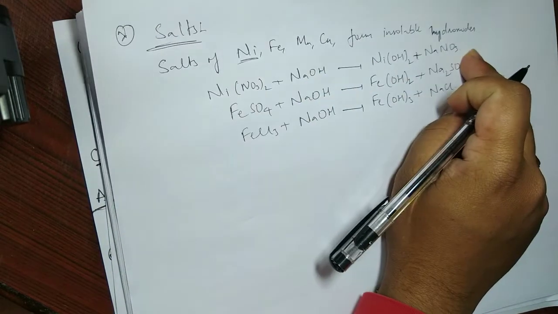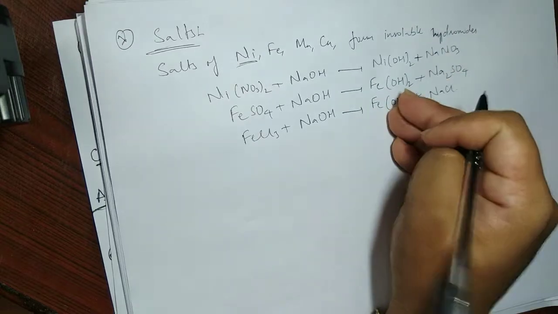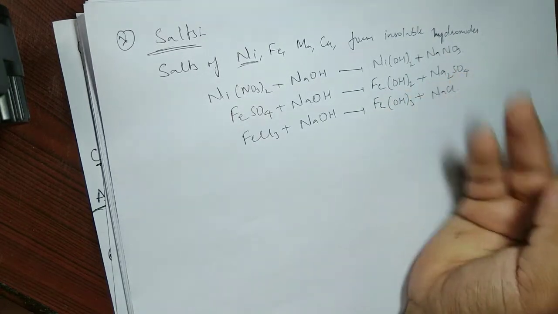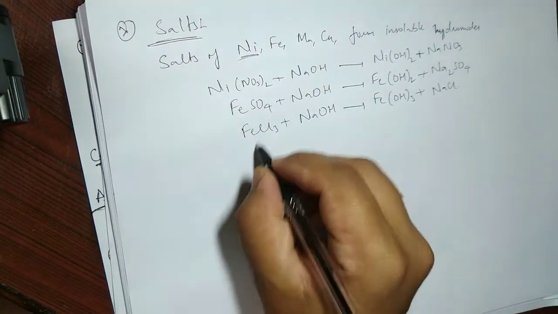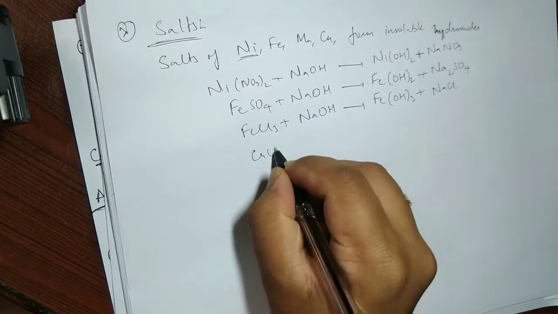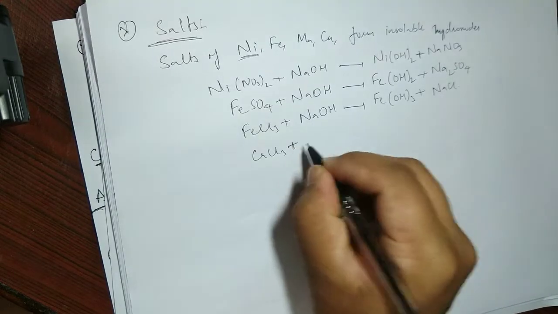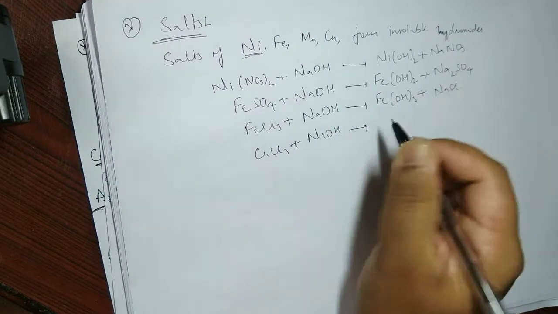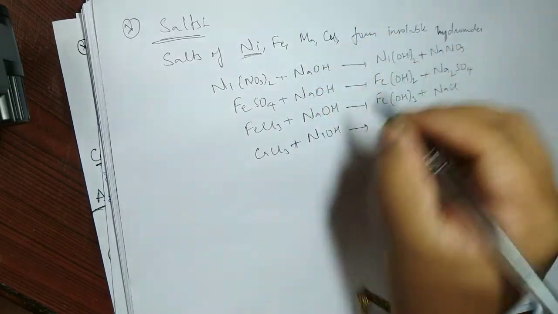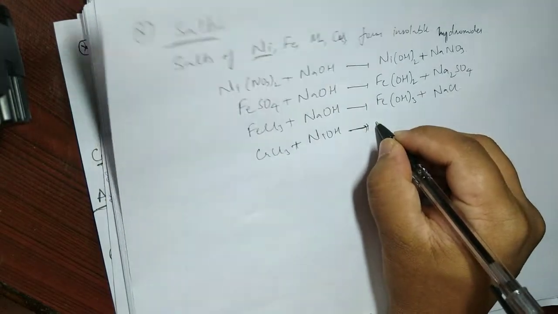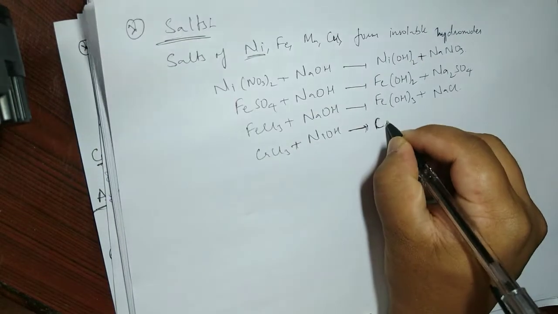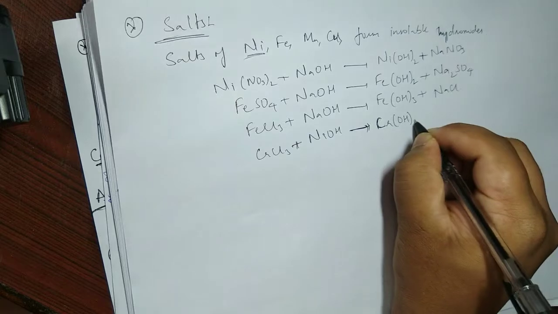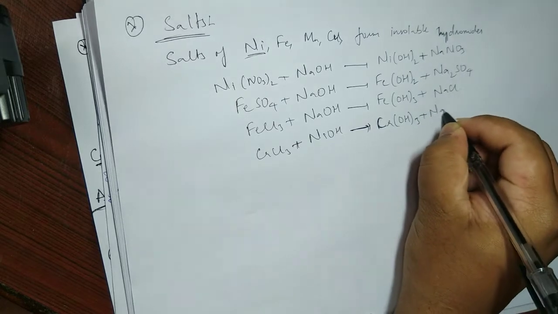First separate out the salt that is formed, then it is very much clear what the leftover can form. And CrCl3, chromium chloride, when treated with NaOH, forms chromium hydroxide plus NaCl.